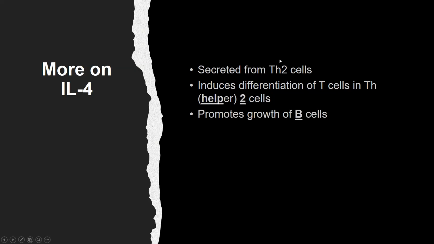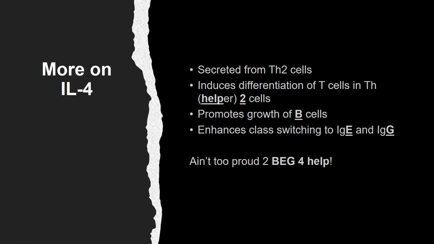And then it will also promote the growth of B cells, and it'll enhance class switching to IgE as well as IgG, but you'll get a lot more IgE, that allergy or parasitic response. You can think about this as ain't too proud to beg for help. And that's the things that are essentially underlined here. To beg for IL-4 help.